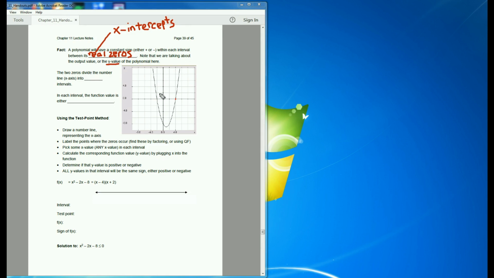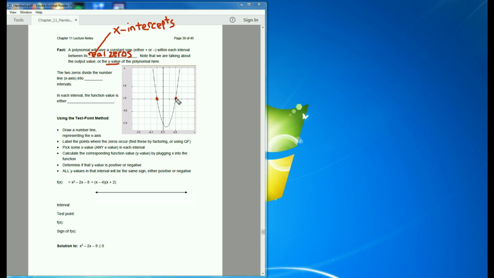So let's look at this same quadratic function again that we were looking at on the previous page. And we already noticed that there are zeros at x = 4 and x = -2.